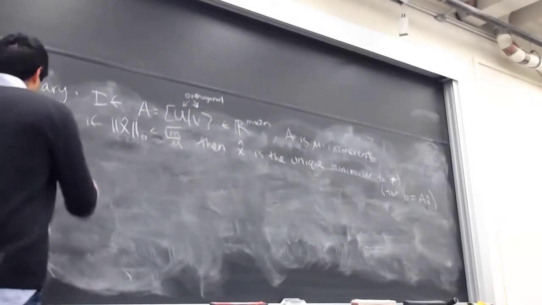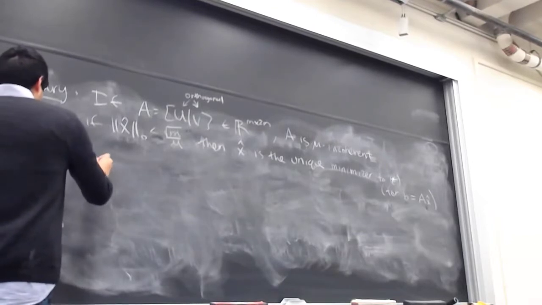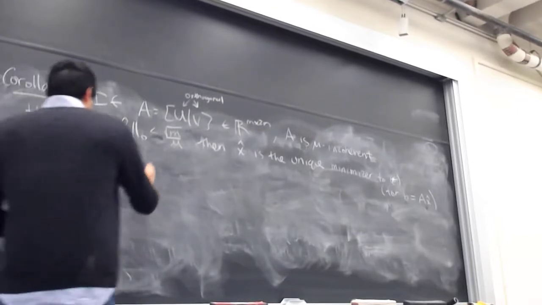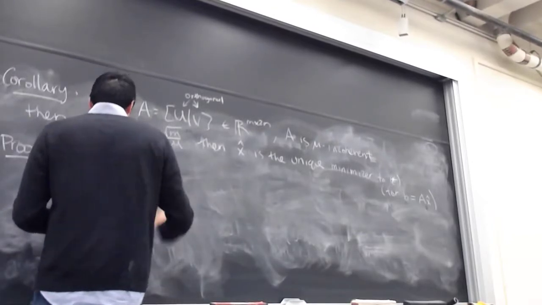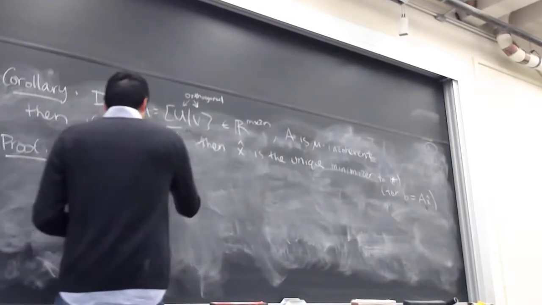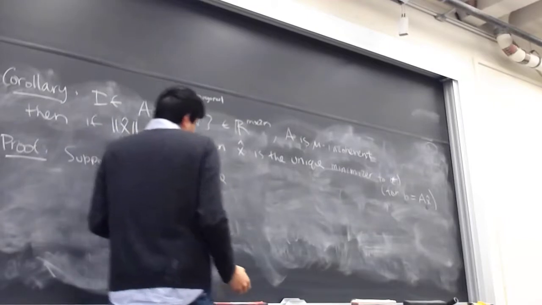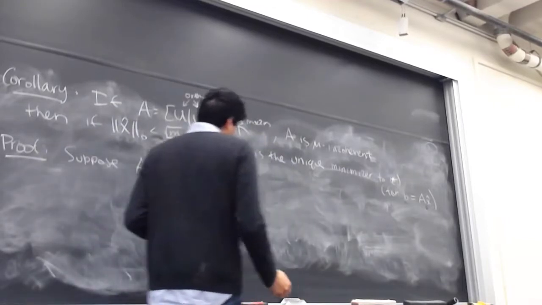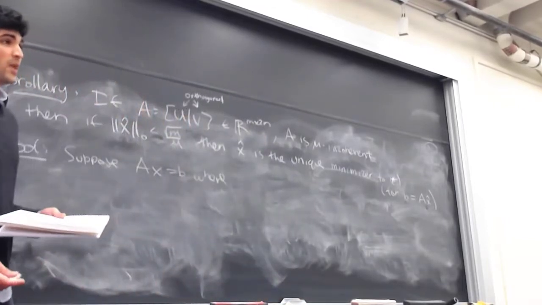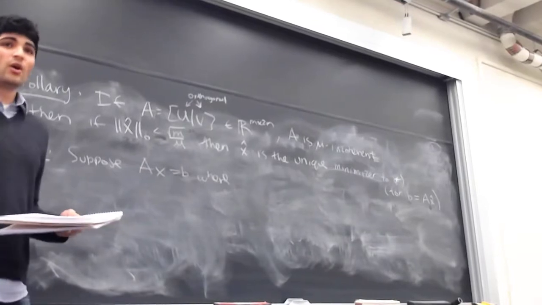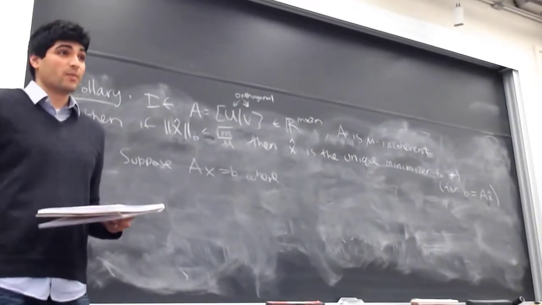Okay, so this isn't too hard to prove. So what we're going to do, and this will actually be the standard way that you prove uniqueness for sparse recovery, we just suppose that there is some sparser solution, and we're going to use it to violate our incoherence and our uncertainty principle.